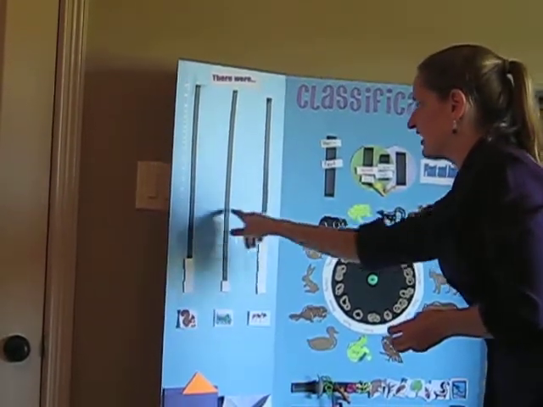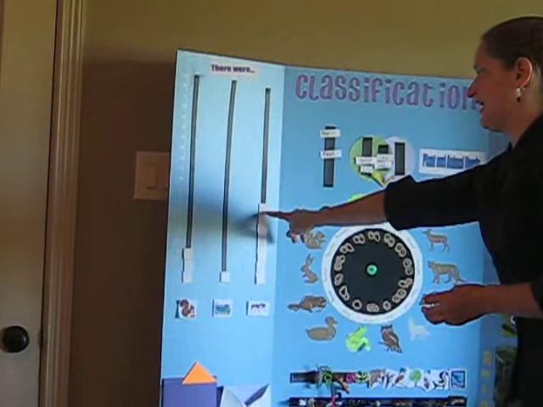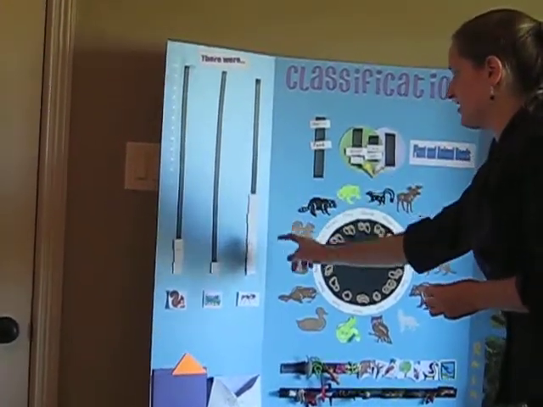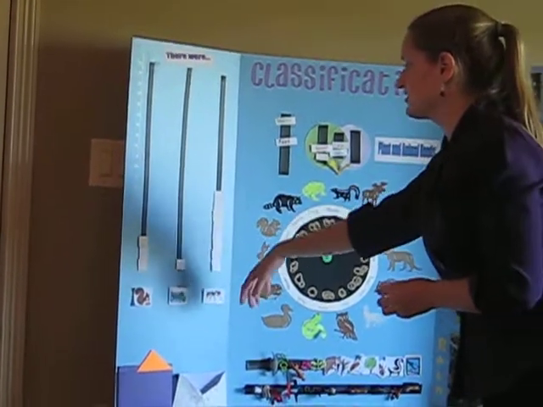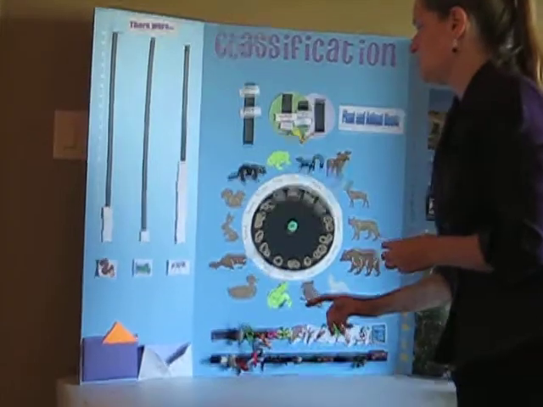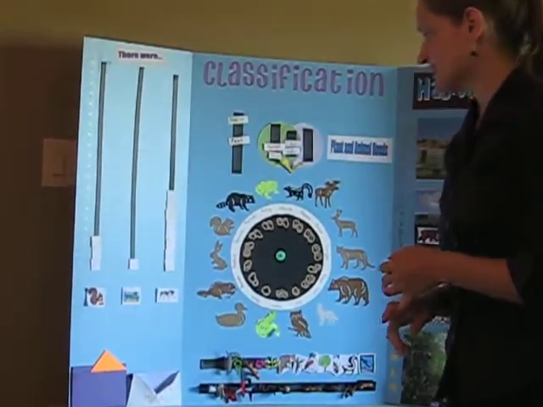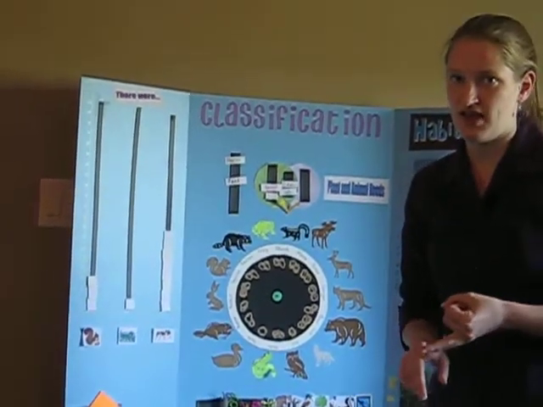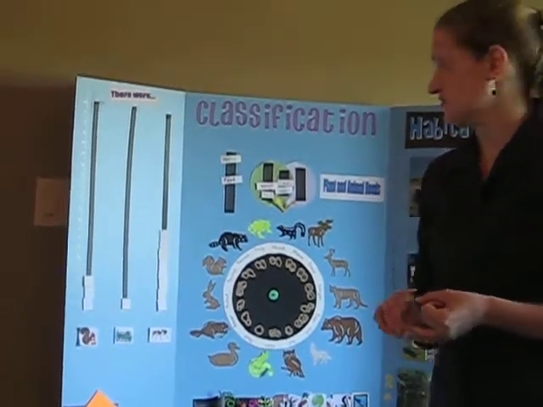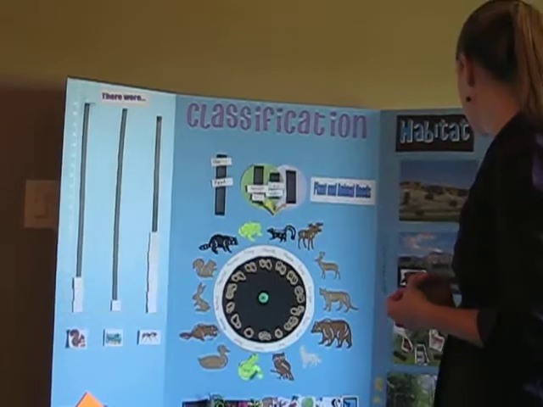Then they can trace that across the 8 and see that there's 8 ants, or they can count the unit squares and see that there's 5 more in this column than in this column. That helps them with their graphing skills and their math skills, using subtraction and addition skills that they've learned previously.